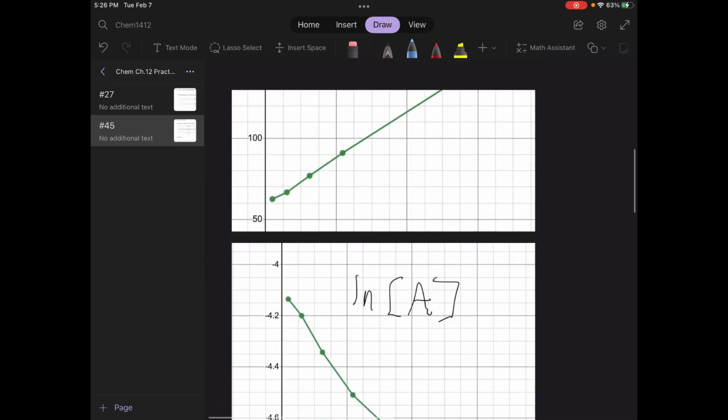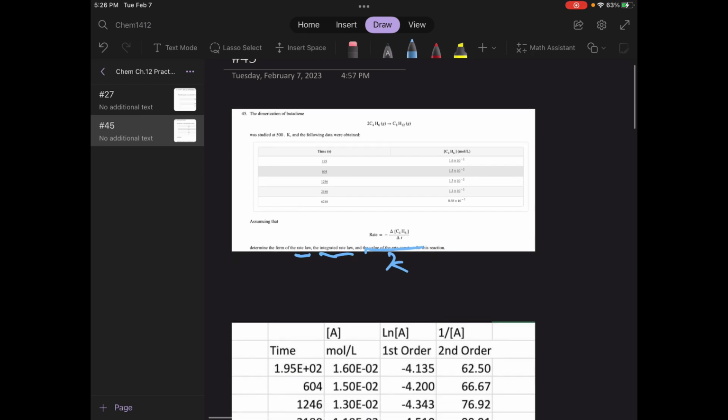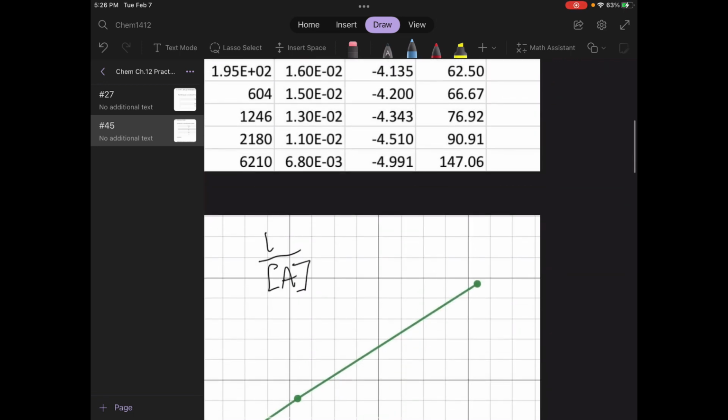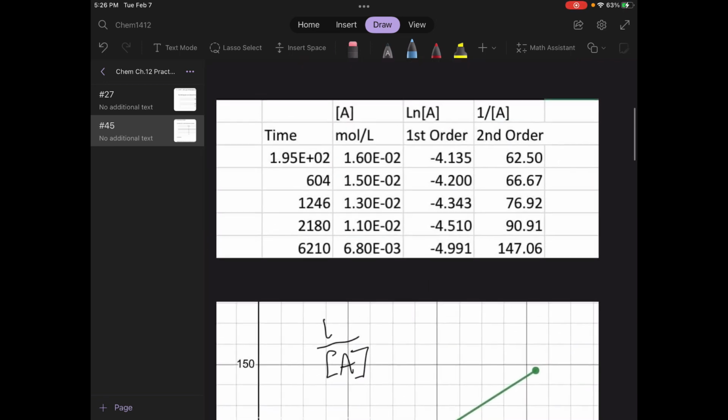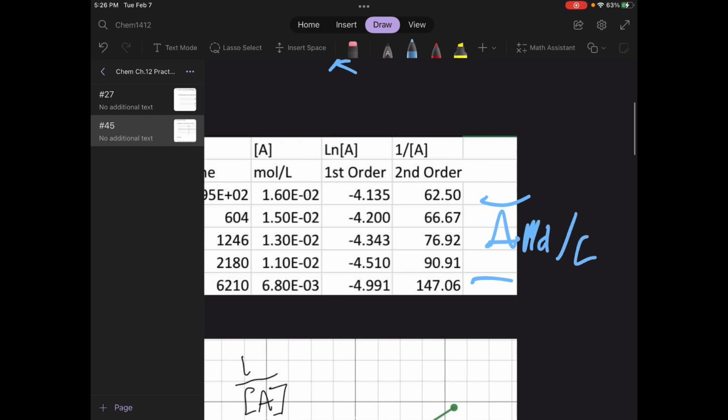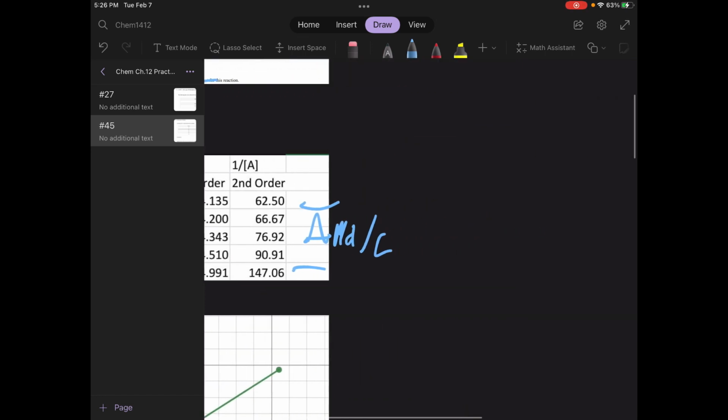For the third part of the question, it's asking us to determine the value of k for this reaction. We determine the value of k essentially by getting the slope of this graph. First we're going to look at our table here. We're going to get from here, all the way to here and here, so our change in time and our change in molarity. We scroll over here to our right.